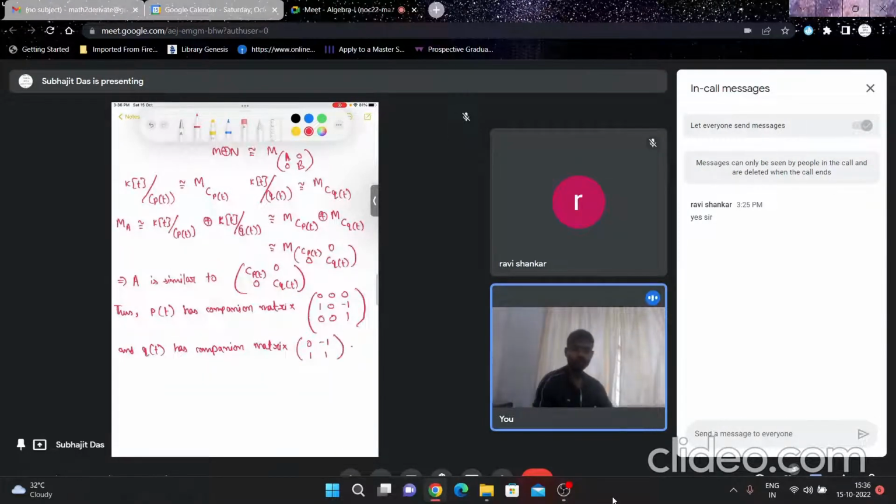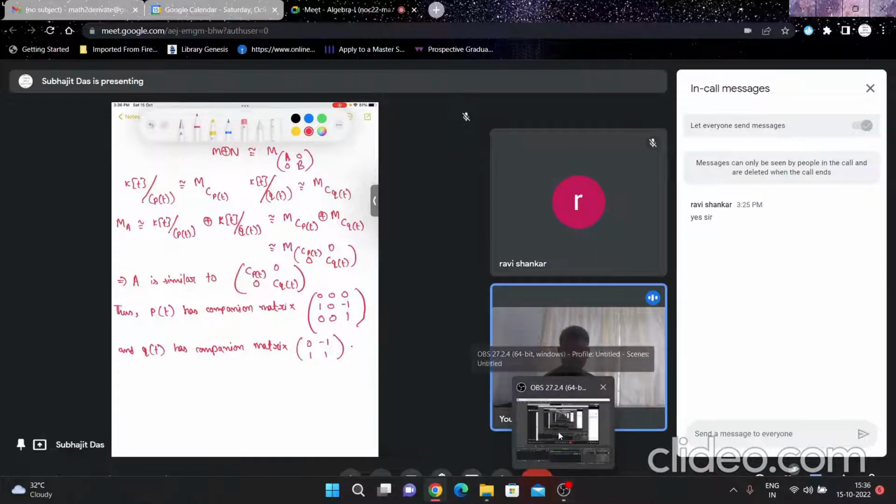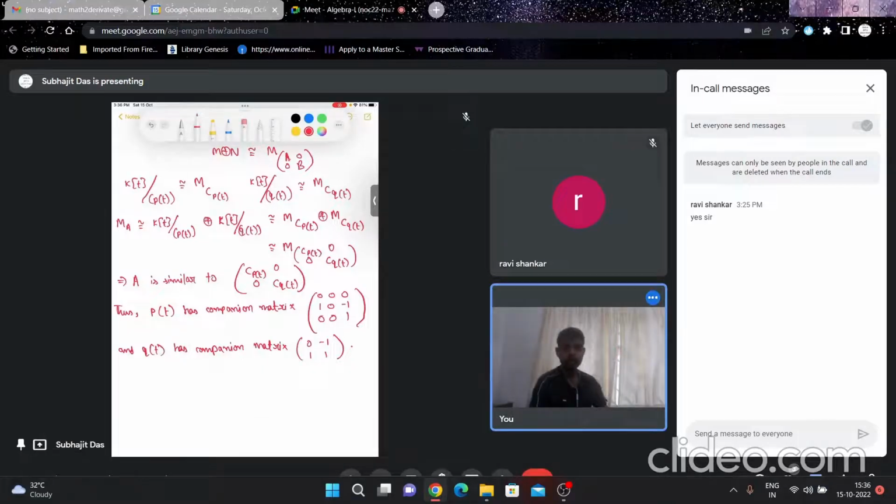So p(t) has this companion matrix and q(t) has this one, and hence we can find out the polynomial p(t).